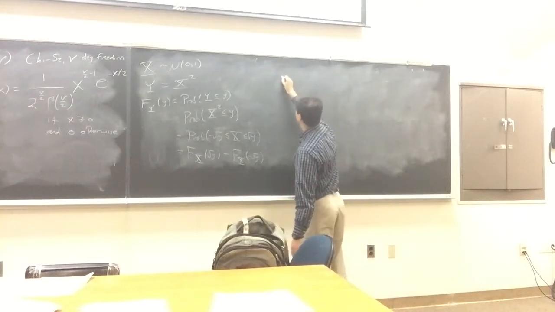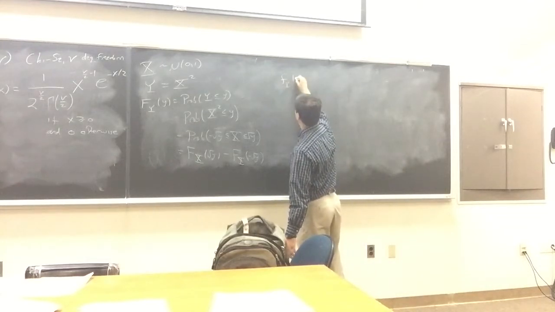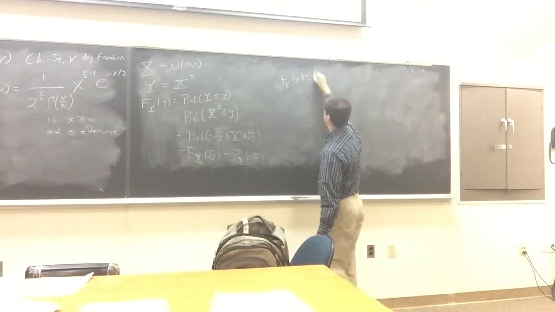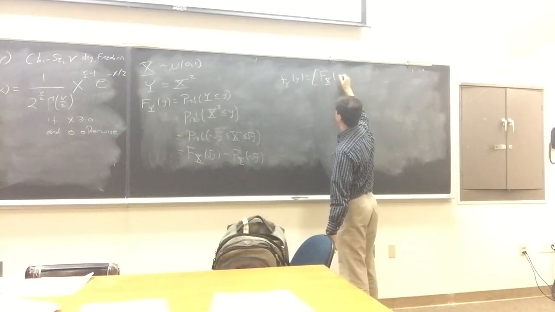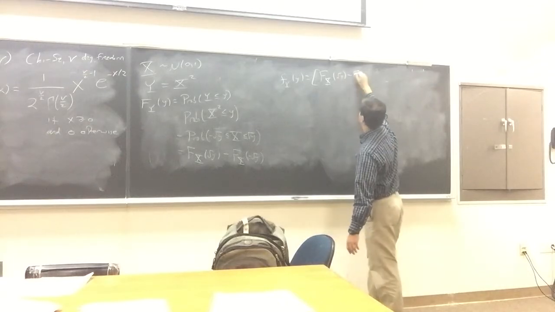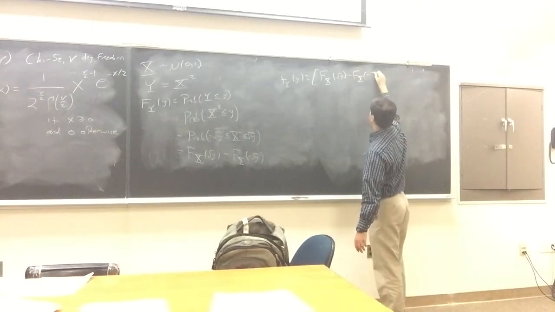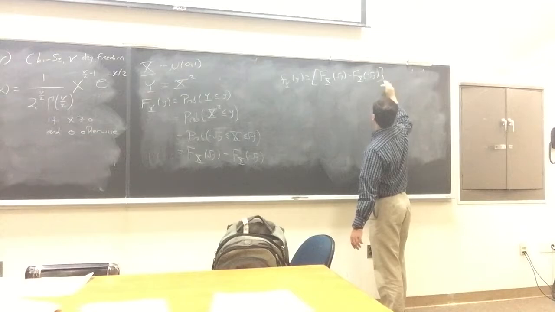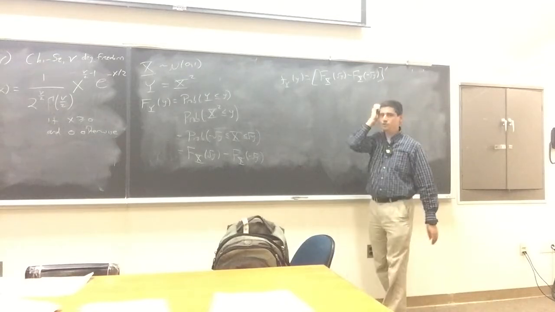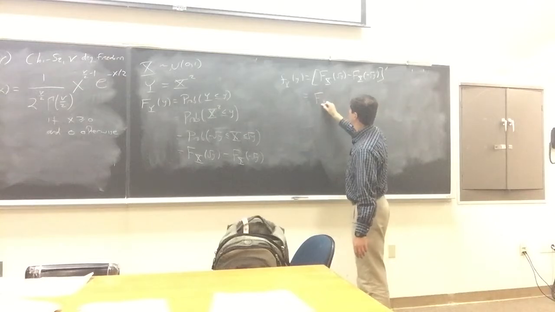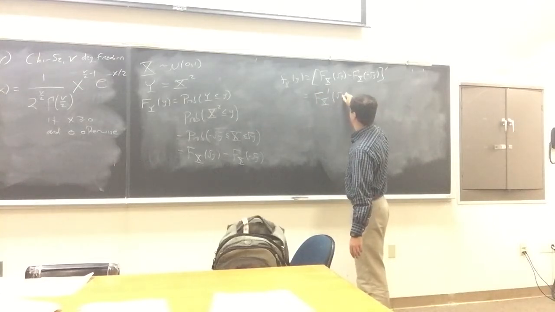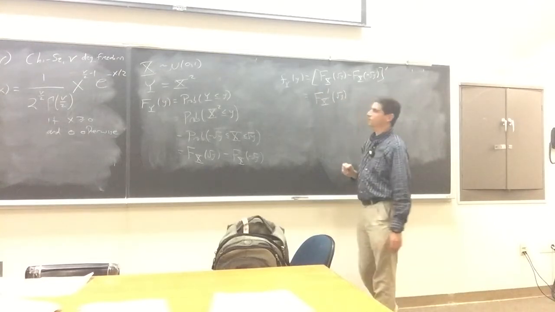So I would get little f of y is equal to the derivative. So I'll do it very slowly. Big F of x at square root of y minus big F of x at negative square root of y. And now I have to use the chain rule. So I will get the derivative of big F at square root of y times the derivative of square root of y.